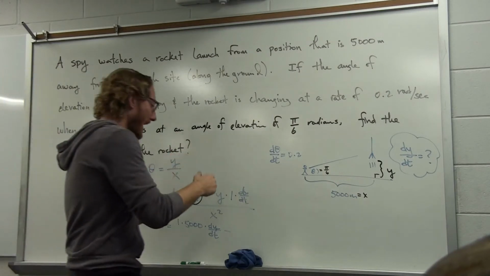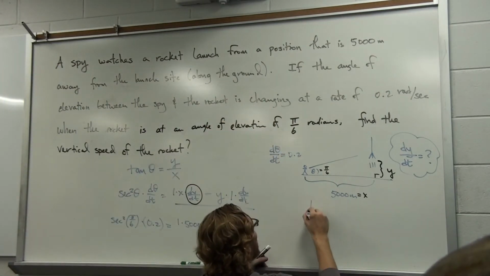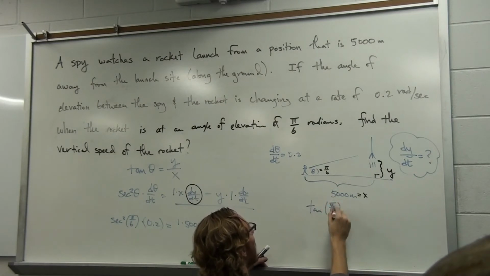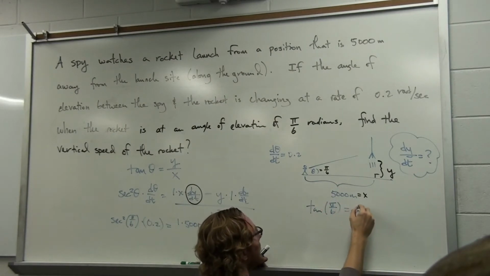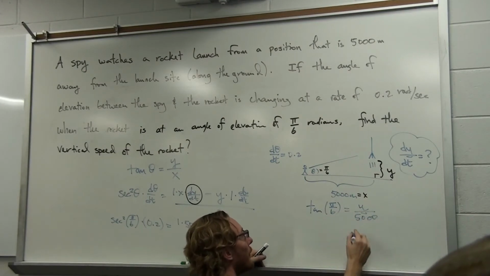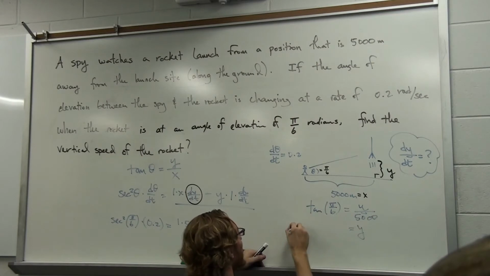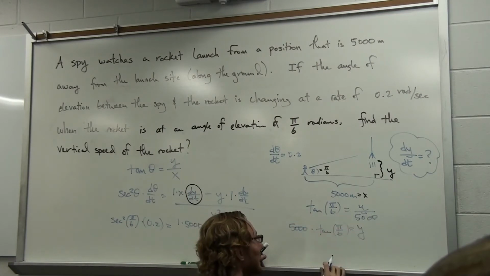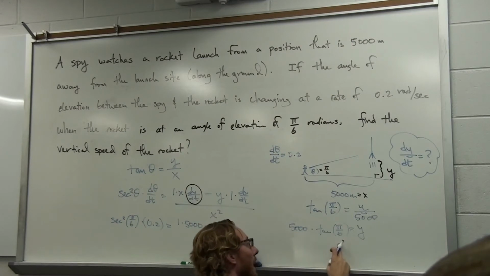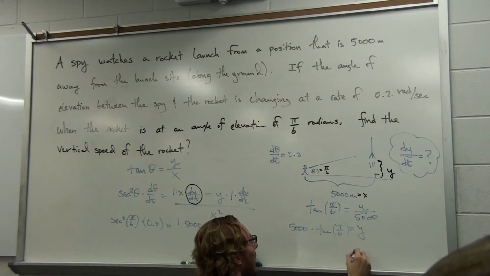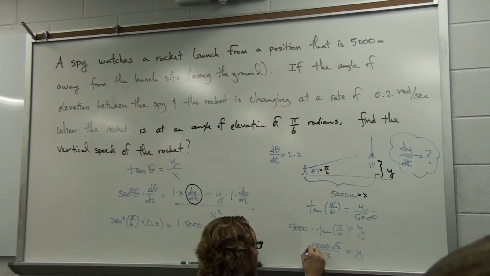Since we know that our angle is pi over 6, and we know that tangent is always equal to y over x, well then we can solve for our y, because here our y is just going to be 5,000 times whatever the tangent of pi over 6 is. And as it turns out, the tangent of pi over 6 is square root 3 over 3. So the y here is going to be 5,000 square root 3 divided by 3.